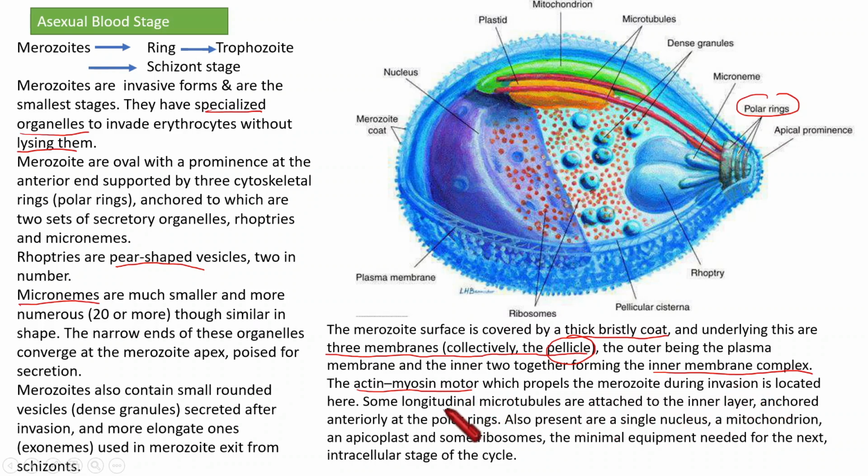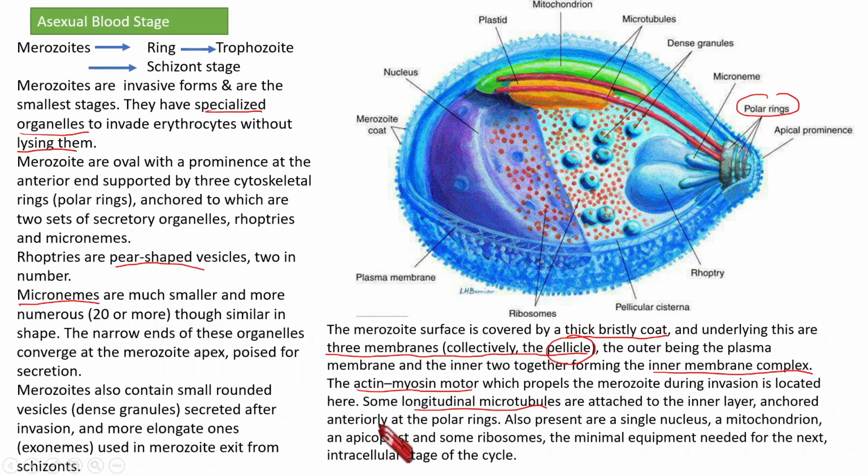Also, there are some longitudinal microtubules that we can see here. They are attached to the inner layer and anchored anteriorly to the polar rings. And also we can see a single nucleus, and a mitochondrion is also there.